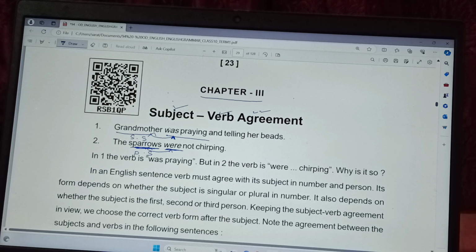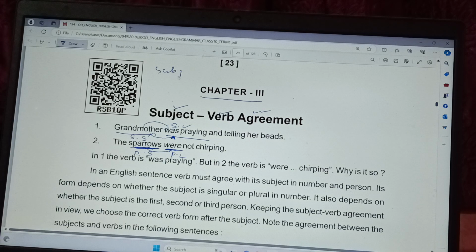So the singular subject follows the singular verb, and in the second sentence the plural subject follows the plural verb. So this is called subject verb agreement. That means students, I am writing that, look at my cursor.